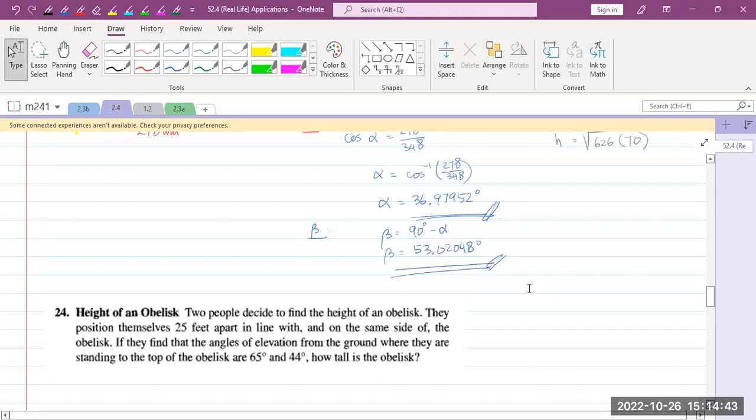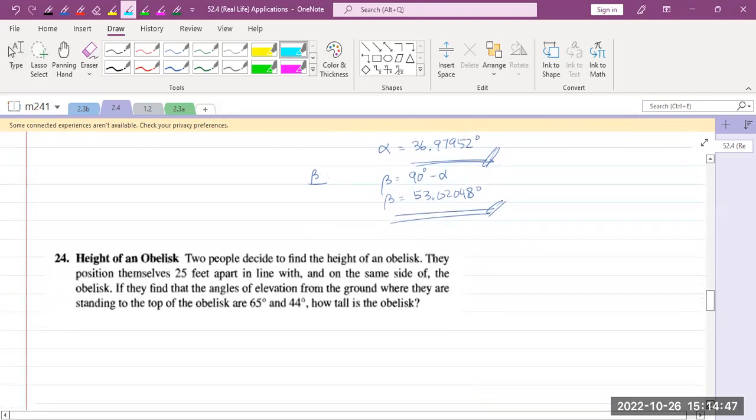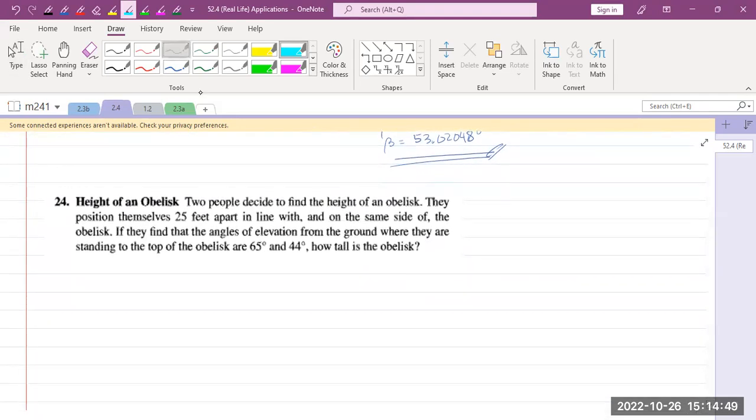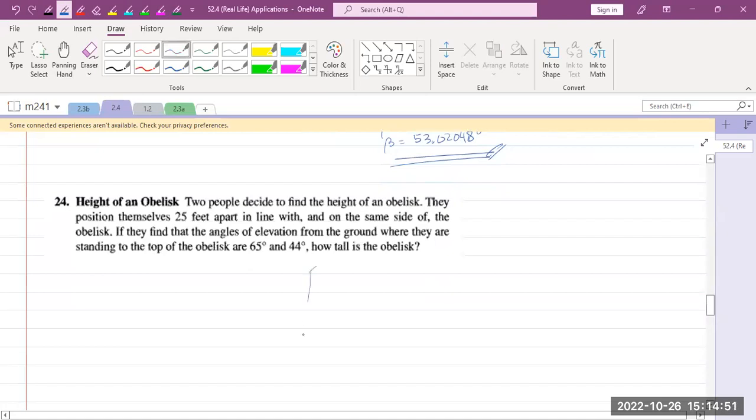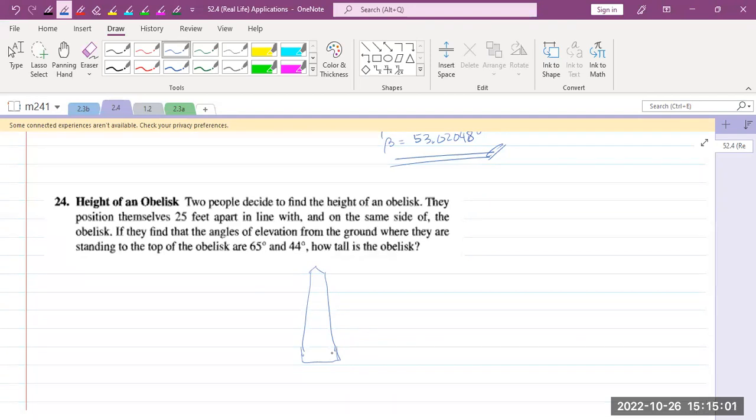Okay, two people decide to find the height of an obelisk. So let's say you have an obelisk. Obelisk looks like what, like this maybe? Approximately. They position themselves 25 feet apart in line with and on the same side of that obelisk.